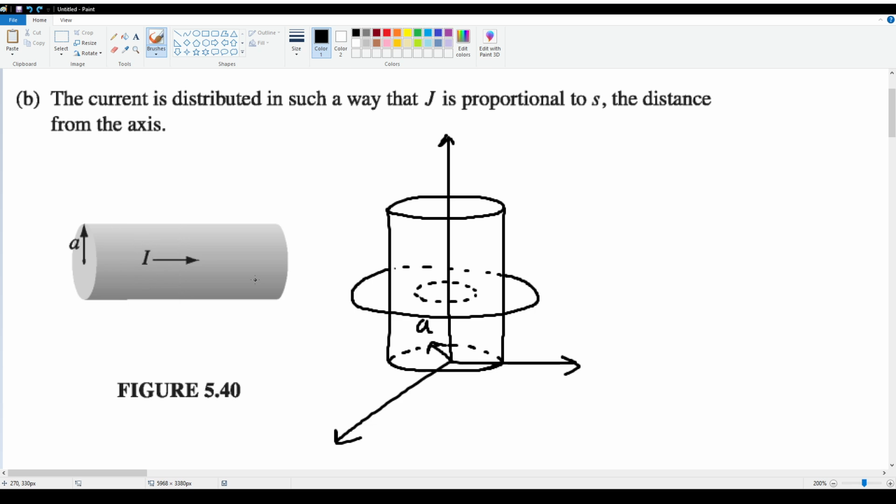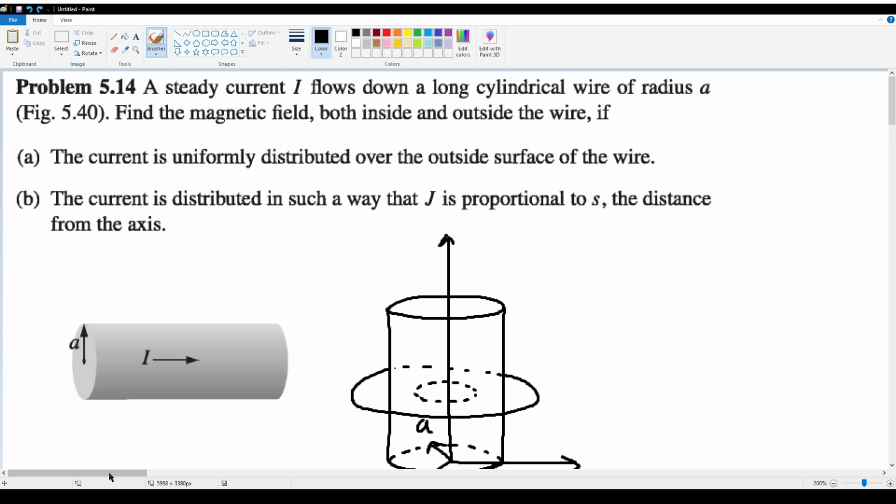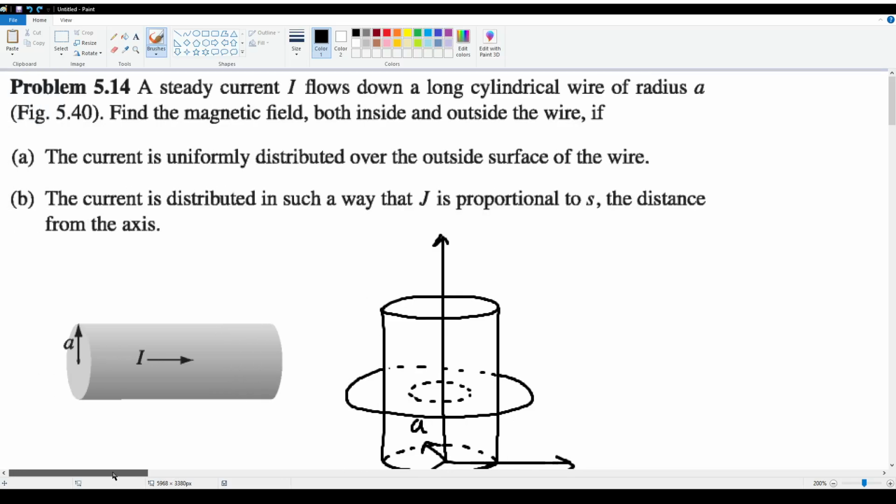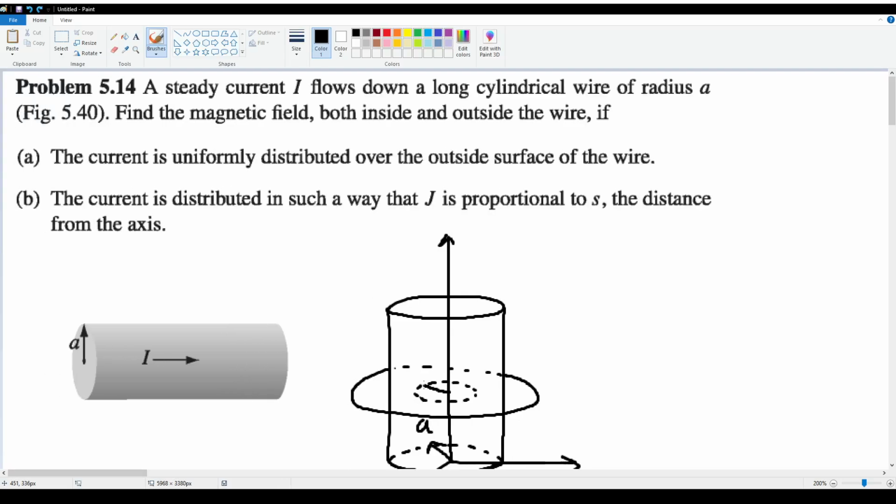And we'll look at it by cases. Each part will have two cases. One where the radius of the Amperian loop, which we'll call S, is less than A, the radius of the cylinder, and then one where it's greater than A.